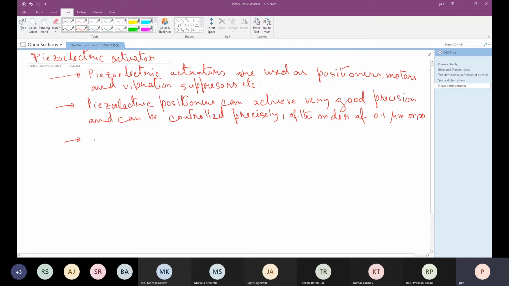The application of ultrasonic motors is basically in small device application.